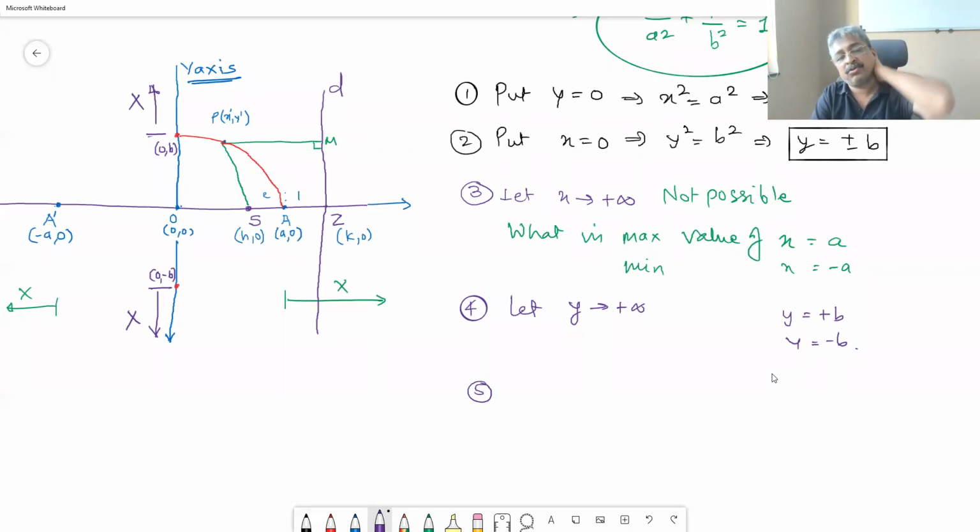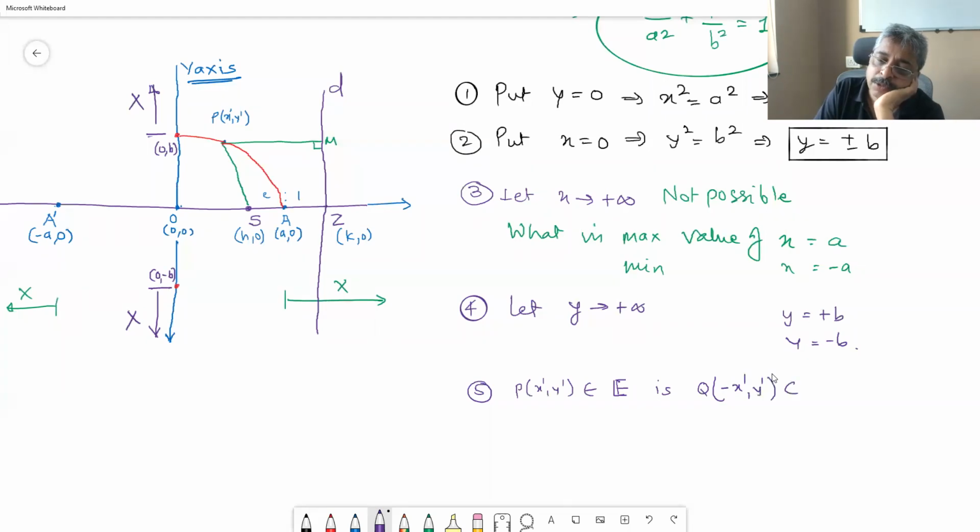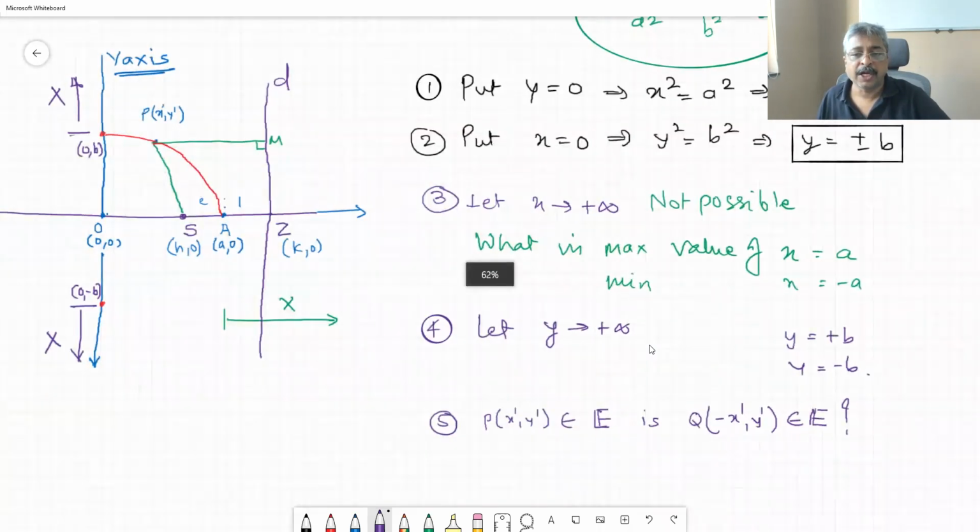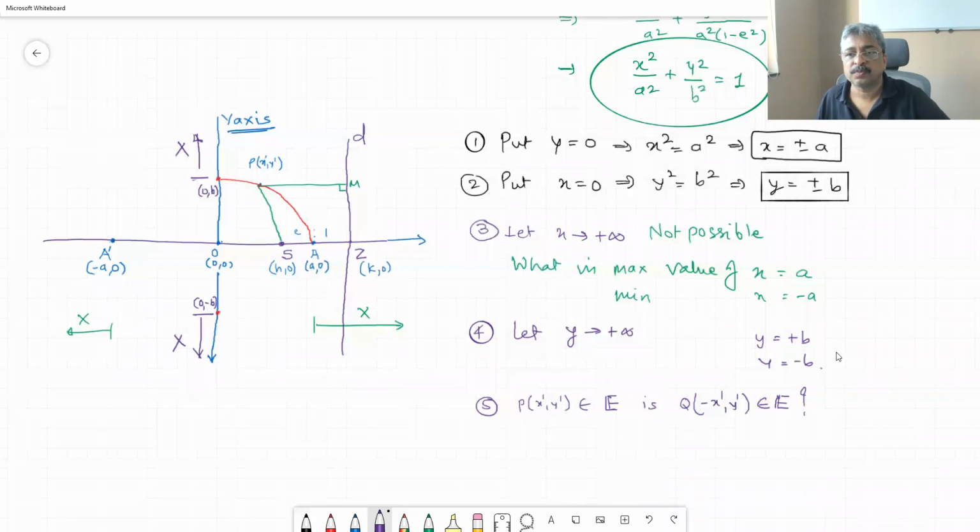The fifth analysis that I can do is: P(x', y') belongs to the ellipse. Does (minus x', y') belong to the ellipse? Okay, let us go back to the equation and check what happens.